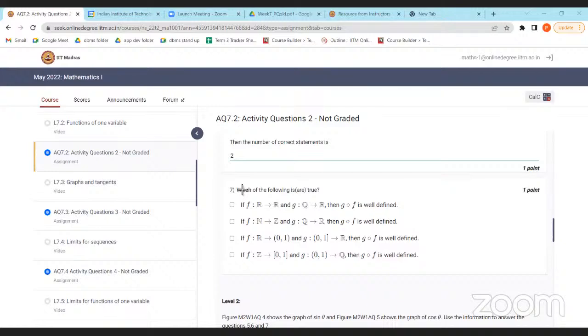The screen is not visible, sir. Which one? The math you are doing is not visible. That's why I'm asking. What I'm writing is not visible? I think you were explaining something, but you are not writing anything, right?